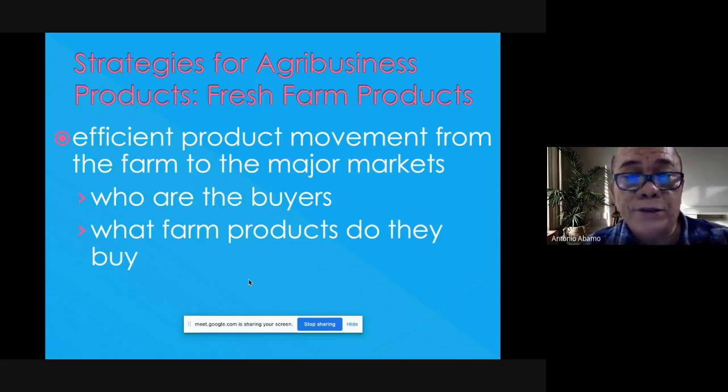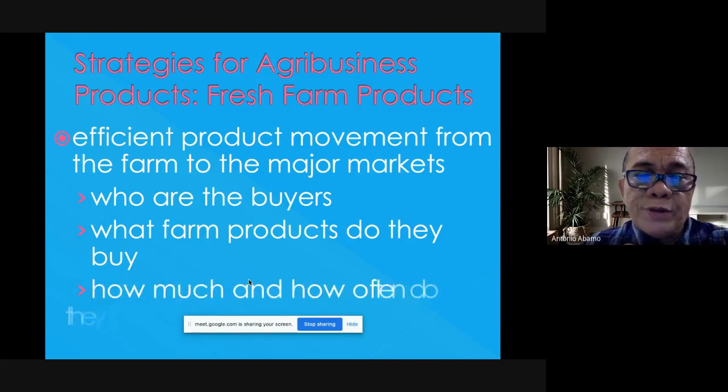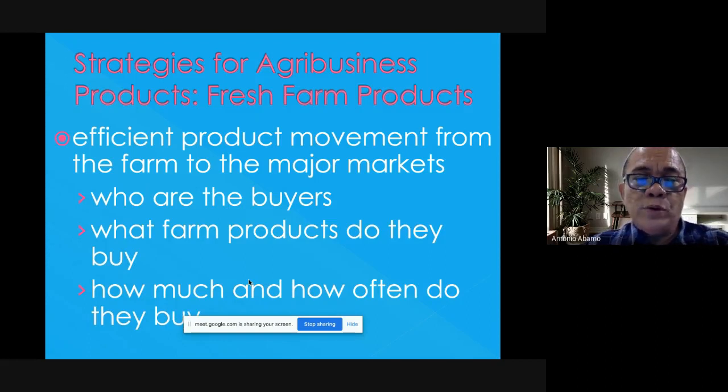What farm products do they also buy? These are part of this whole entire strategy. What kind of farm products? How much, and who are they? Who are your buyers? So how much volume and how often? How often do they buy?